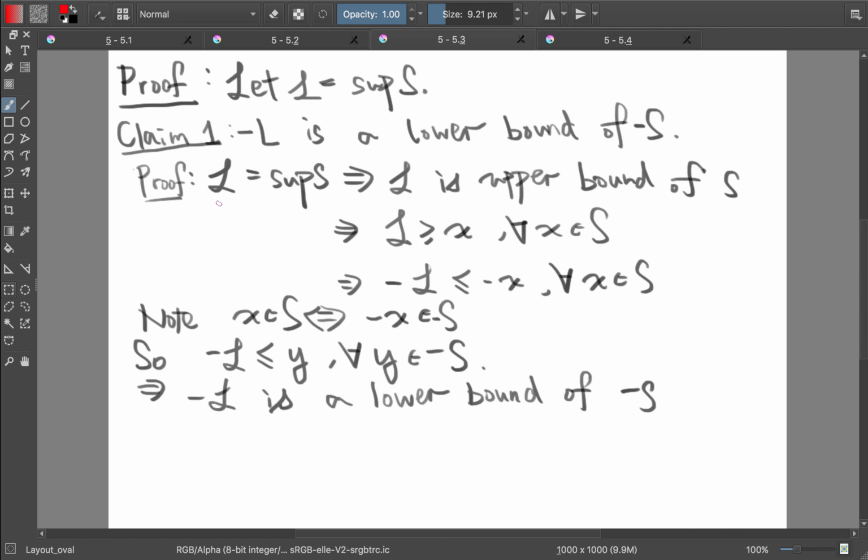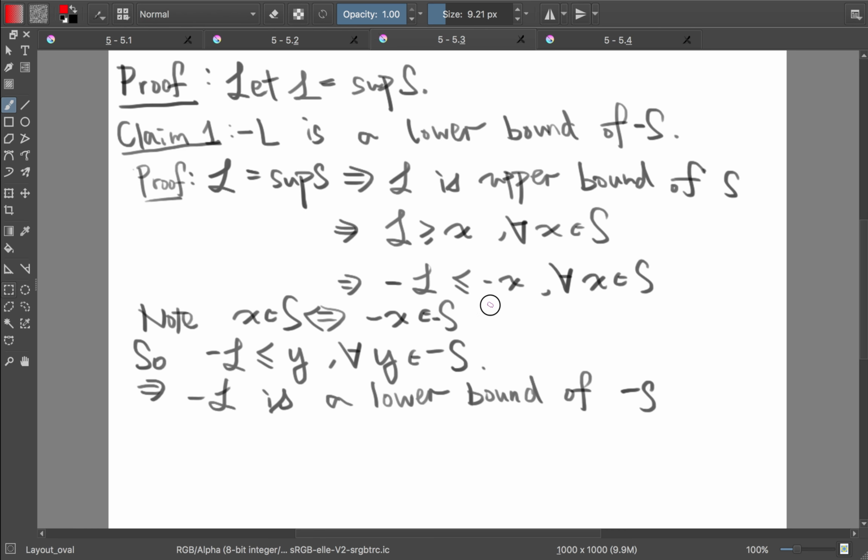Well, first of all, if L is the supremum of S, then L is an upper bound of S, and hence L is greater than or equal to x for all x inside S. Taking the negative sign on both sides, we have negative L is smaller than or equal to negative x for all x inside S.